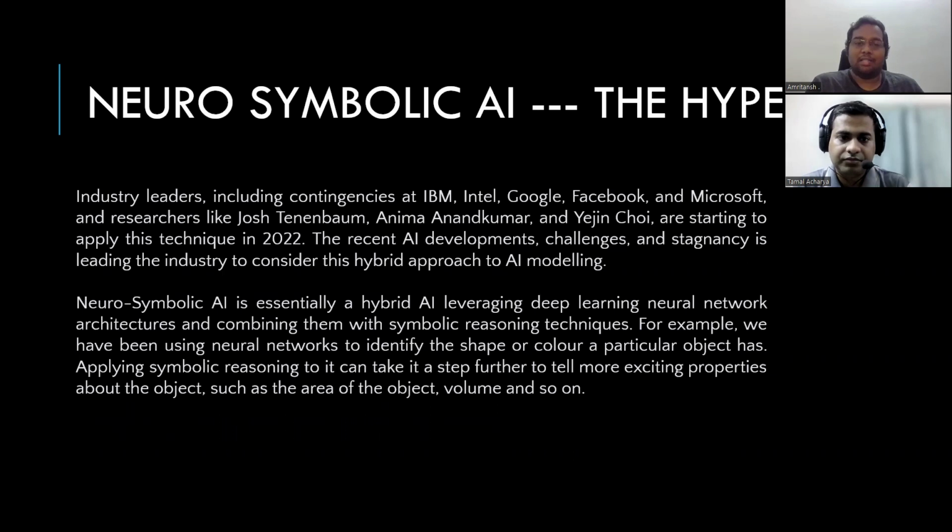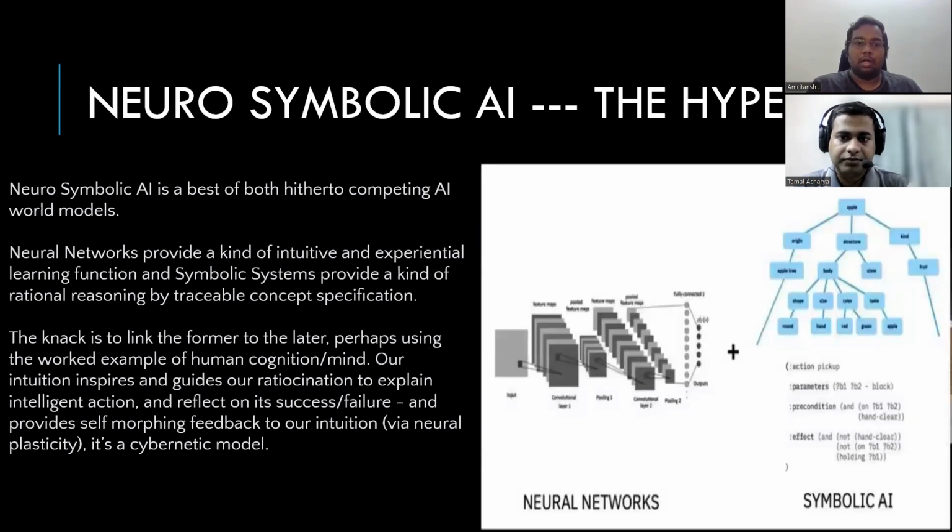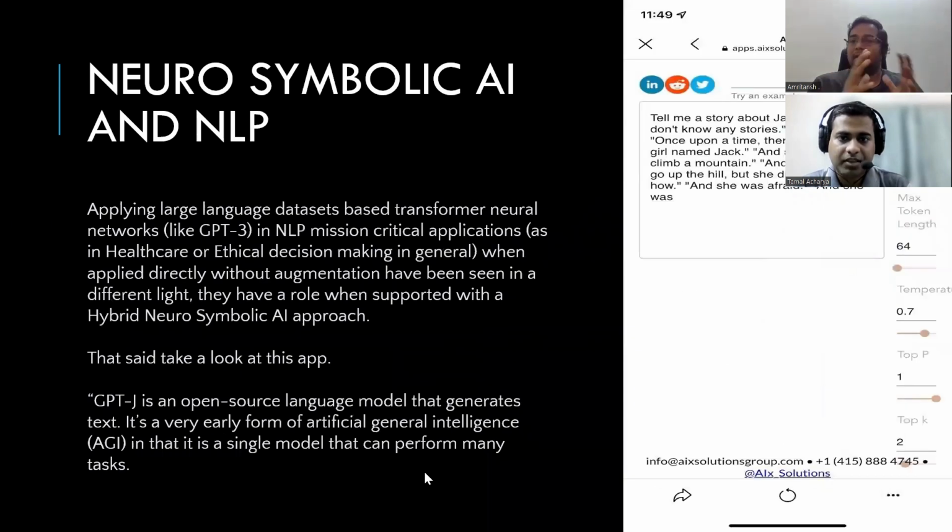All of this has led to, basically, we want to challenge the stagnancy around deep learning, and we want to push into this hybrid model. This is something that would be really interesting to see as we go deeper. It combines, as we have already discussed, the inherent composition and combining of neural networks and symbolic AI. This discussion can, of course, keep on going, but I am very interested in discussing neurosymbolic and NLP.